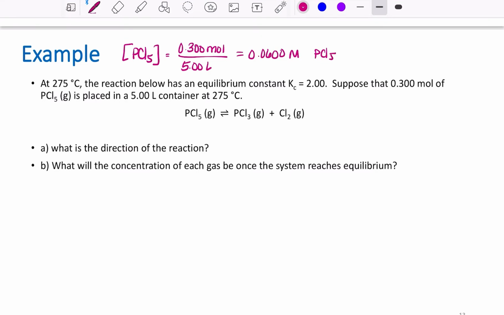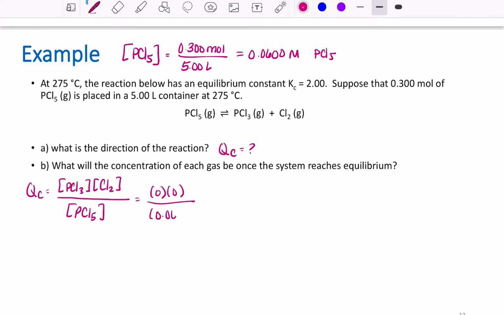So first, what's the direction of the reaction? Well, we need to look at Qc for that. My reaction coefficient, PCl3 concentration times Cl2 concentration divided by PCl5, 0 times 0 divided by 0.0600 gives me 0.